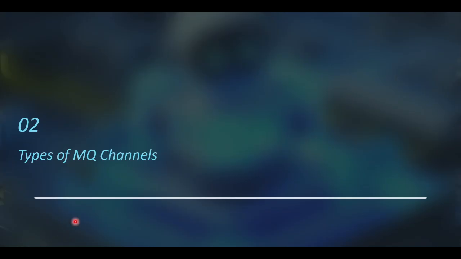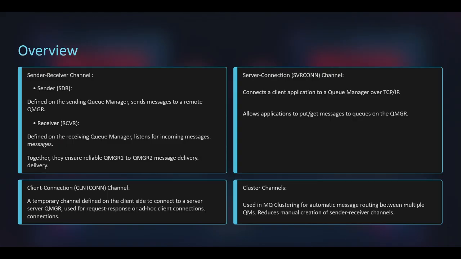Now let's see types of MQ channels. First one is sender-receiver channel. Sender, denoted as SDR, is defined on the sender queue manager, which sends messages to another queue manager. Another one is receiver, denoted as RCVR, defined on the receiving queue manager.